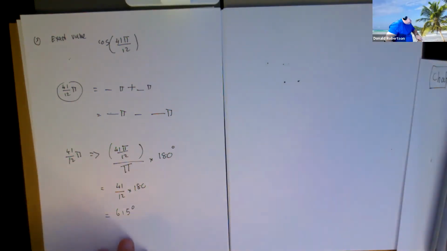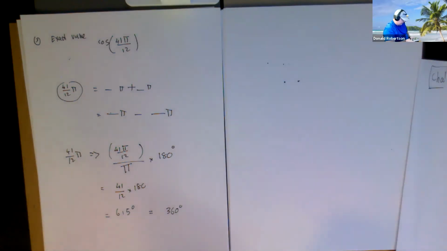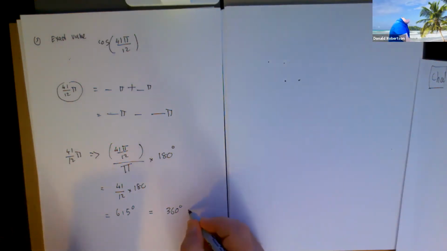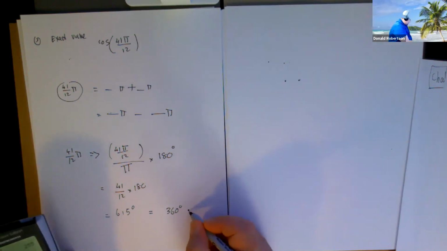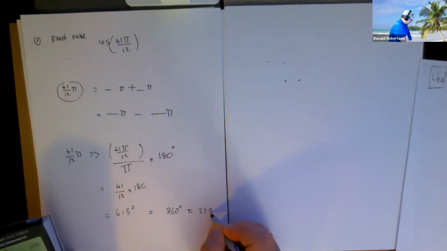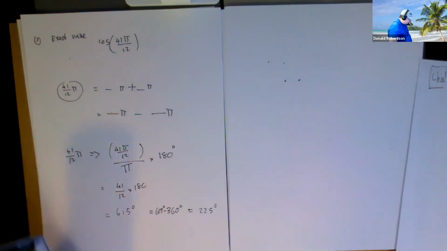Right, 615 degrees. If you take 360 degrees away from it, I get 225. So if I take 615 and subtract 360 from it, I get 225.